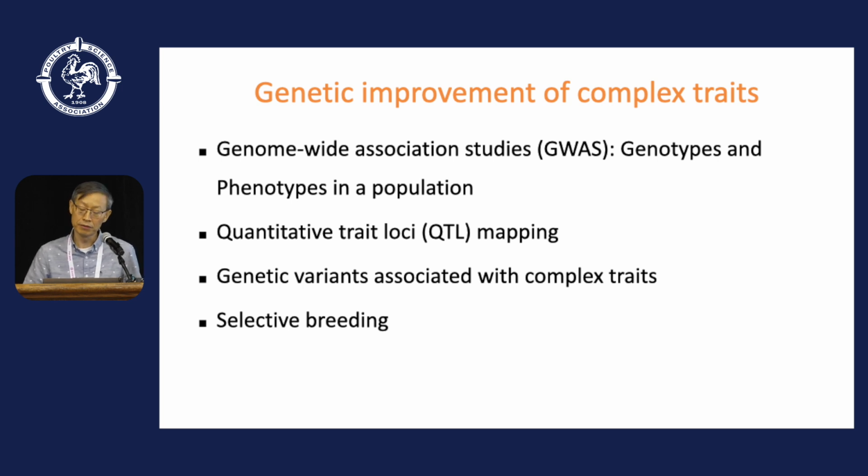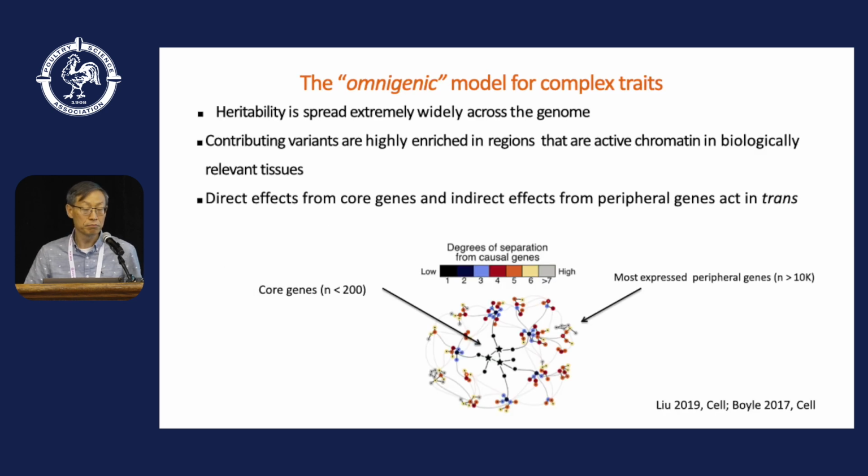In the past many years, people always thought that the genetic control of complex traits follows a polygenic model, meaning many genes control the complex traits. In the past few years, a professor from Stanford proposed the omnigenetic model.